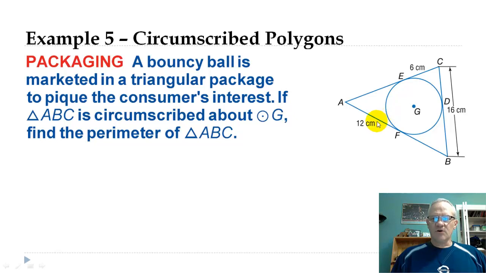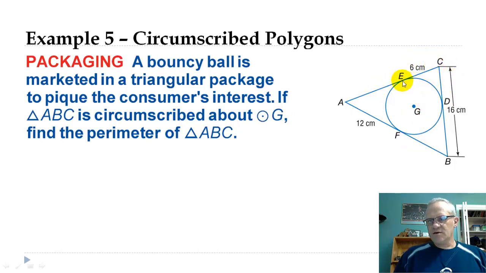Okay, so think about the example that we just did. We want to find the perimeter of ABC, so that's the distance all the way around. So all we have to do is think of each one of these like little vertices here individually. So kind of cover up all this stuff here. Look just at this part here.